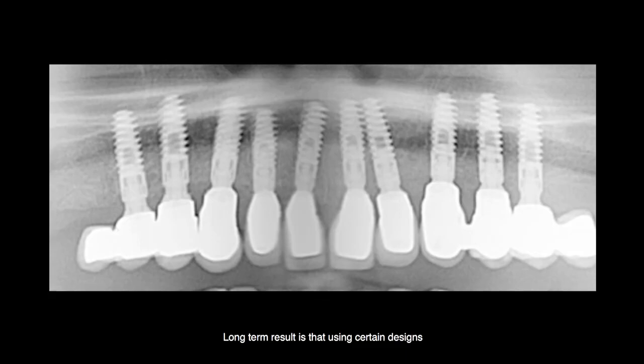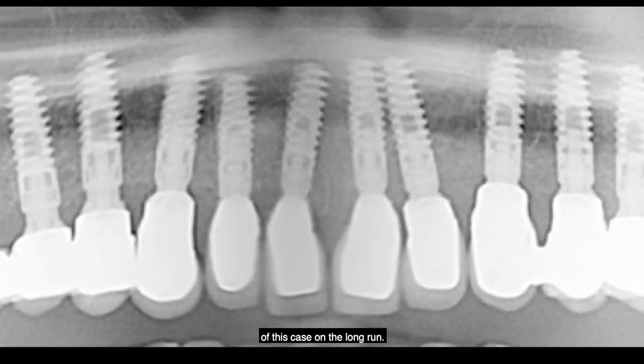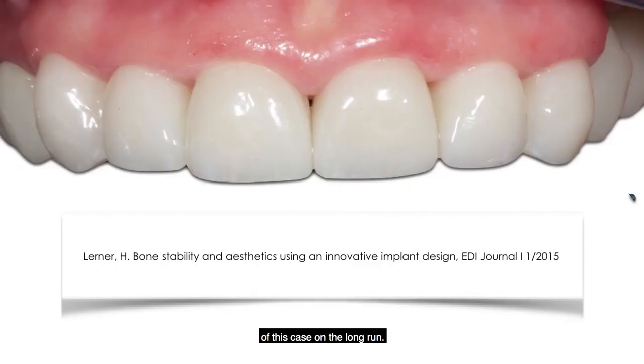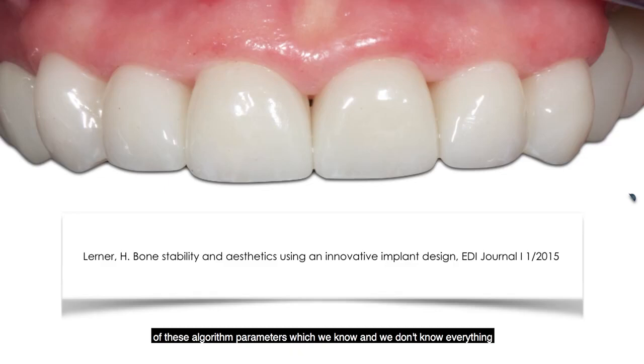The long-term result is that, using certain designs of the implants, we see a stable bony and soft tissue situation in this case in the long run. Now, the topic of the presentation today is to make a summary of these algorithms and parameters which we know.